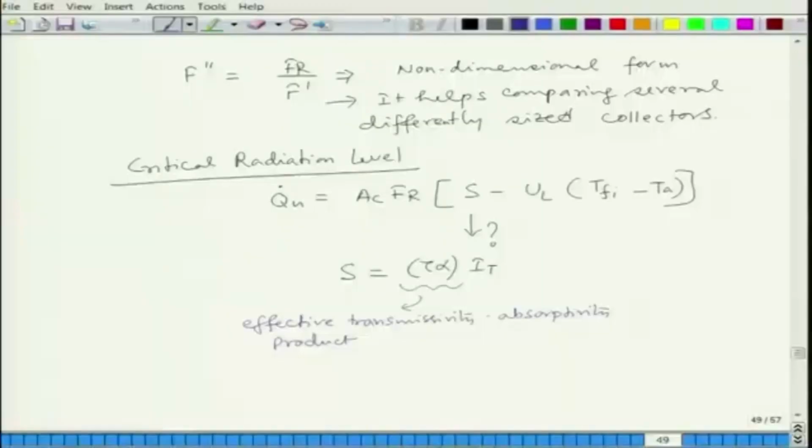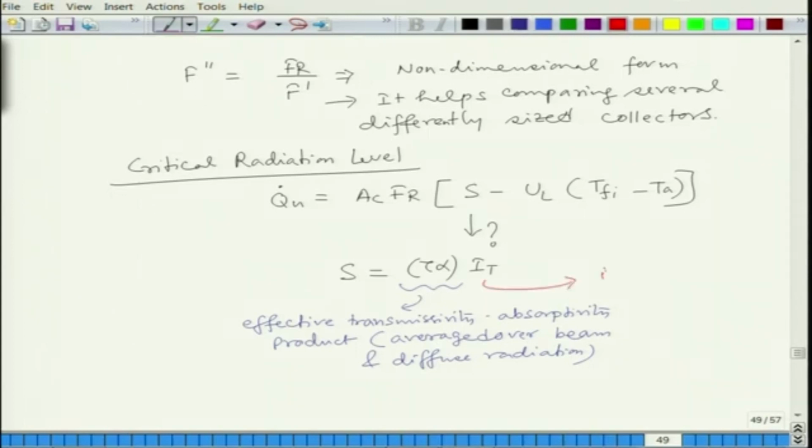We are taking an effective value according to the average absorption, okay, averaged over beam and diffuse radiation, okay. And the other part is the intensity on the tilted plane, right. So, this is S.